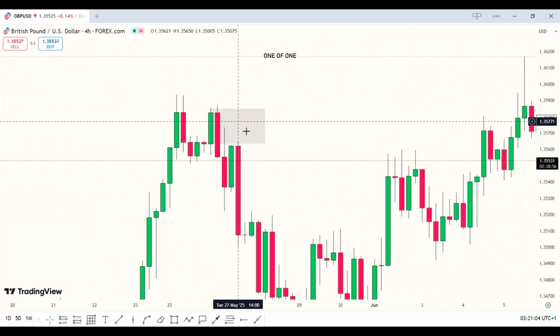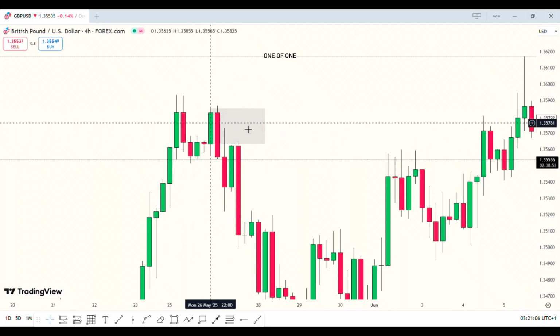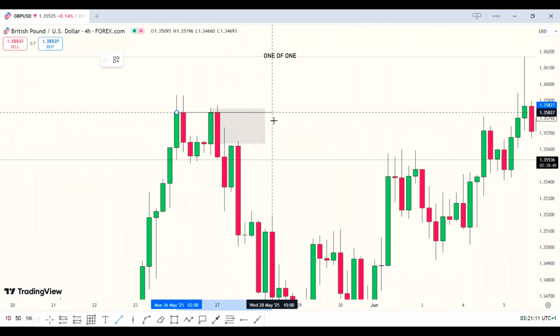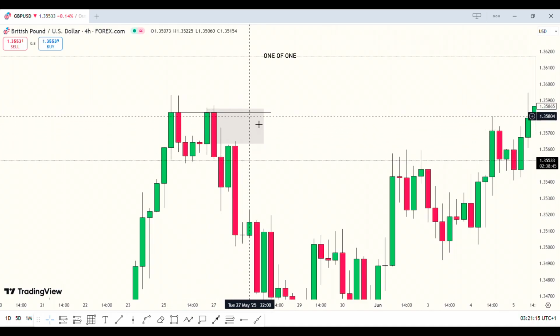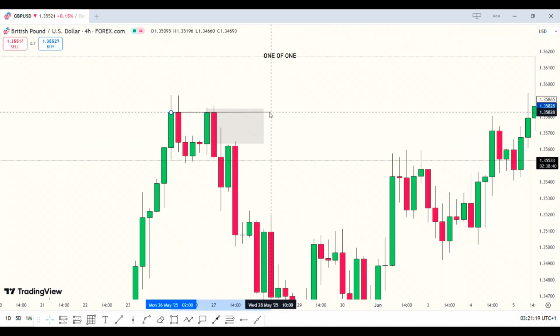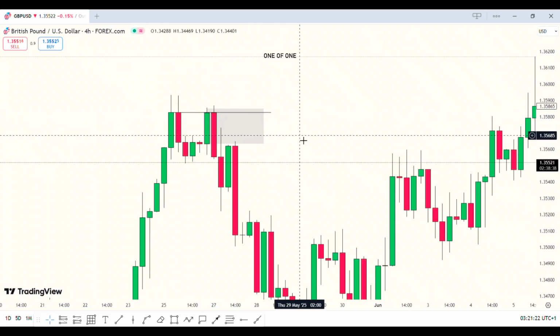Well, I cannot find any here, right? The only one I can see is this one, and I wouldn't want to use this one because that's literally the end of the zone. I would only want to use this one if I don't find anything one time frame lower. That is the 1 hour time frame.